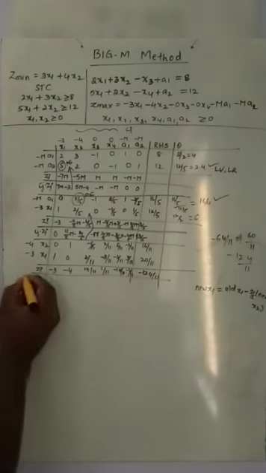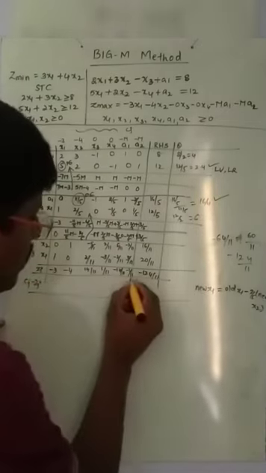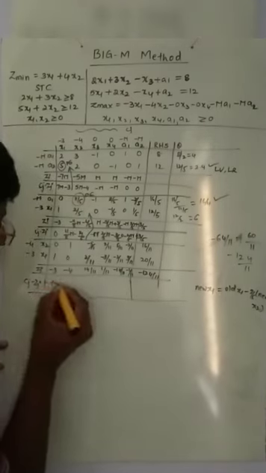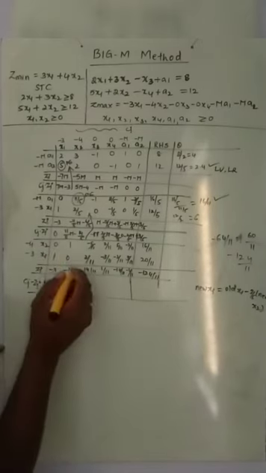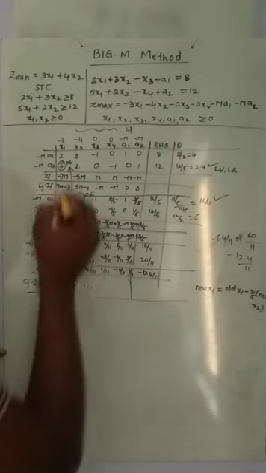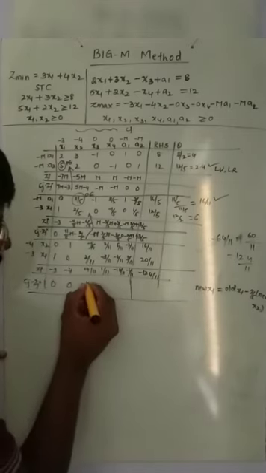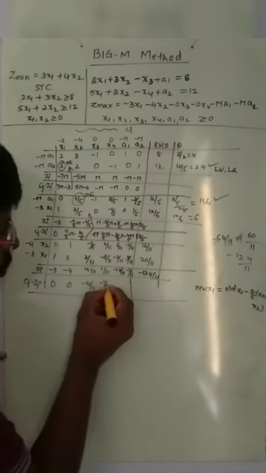Once you got Zj, find out Cj minus Zj. What is the Cj minus Zj value in this case? Here it is minus 3 plus 3, this will become 0. Minus 3 minus 3, this will become plus, then 0. In the same manner, this is also plus 4. Minus 4 plus 4 cancel, you will get 0. Minus 14 by 11, 0 minus 1 by 11 is minus 1 by 11.